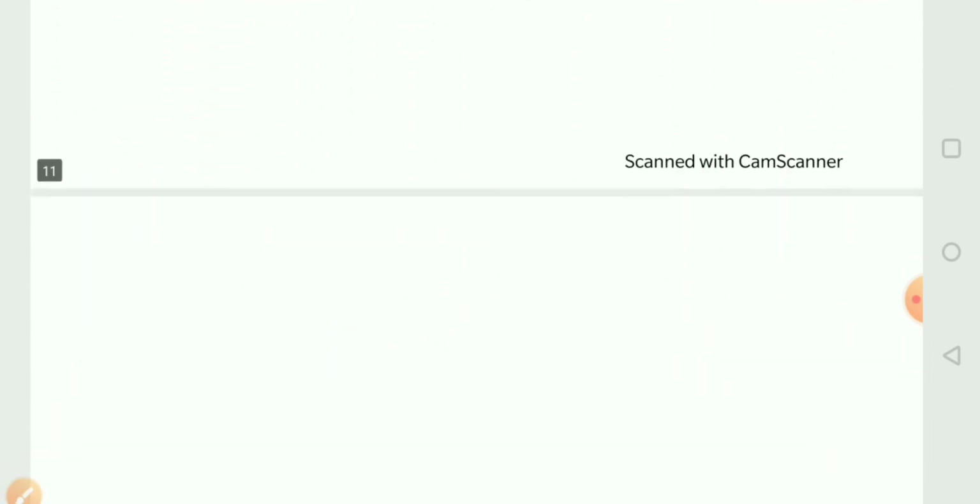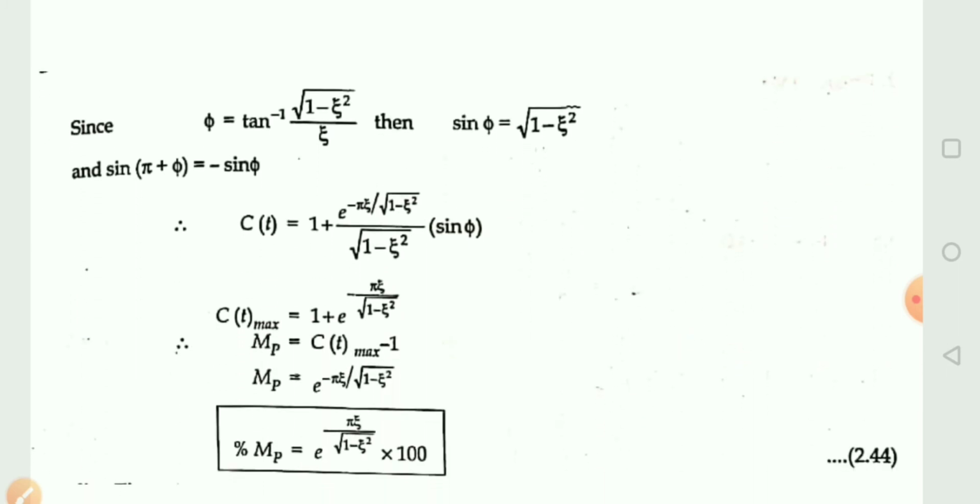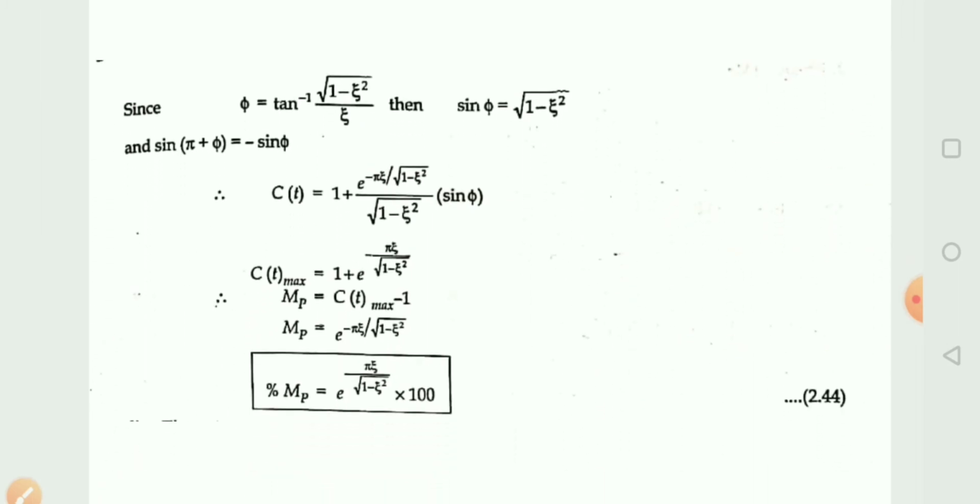Now if we calculate this value, we get the value of c(t) is 1 plus e to the power minus pi zeta under root of 1 minus zeta square upon under root of 1 minus zeta square into sine phi. This is the value of c(t).